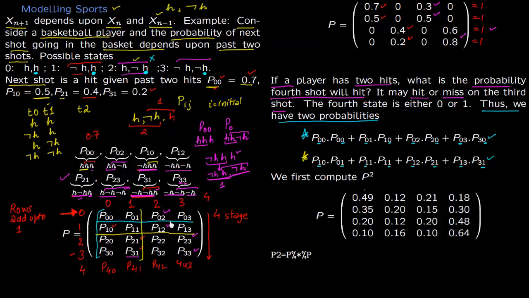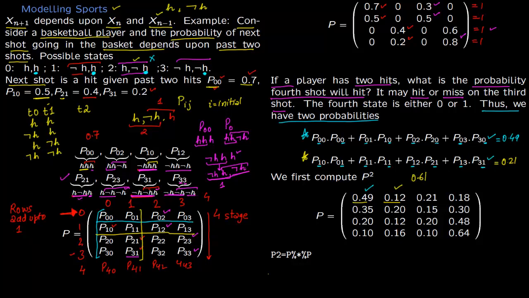This element in blue will become 0.49, and this one becomes 0.21. So notice again how much effort has gone into making this small matrix work. Our total probability is just the sum of these two, and if you sum these two, you will get 0.61.